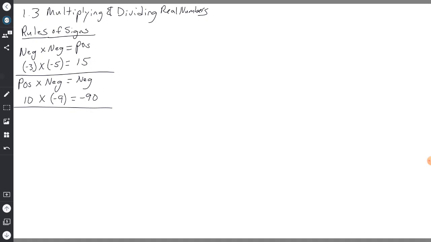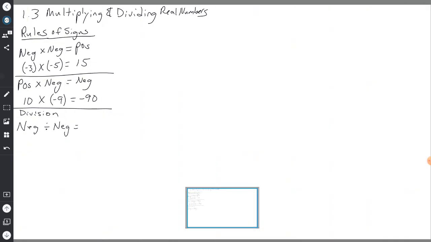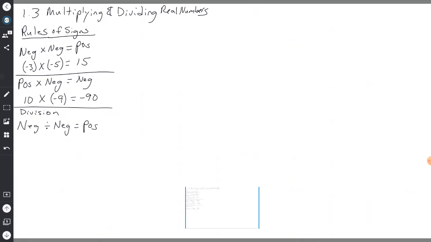And division works the same way, has the same rules. And keep in mind that division can be written as a fraction. So the same rules: a negative divided by a negative is a positive.